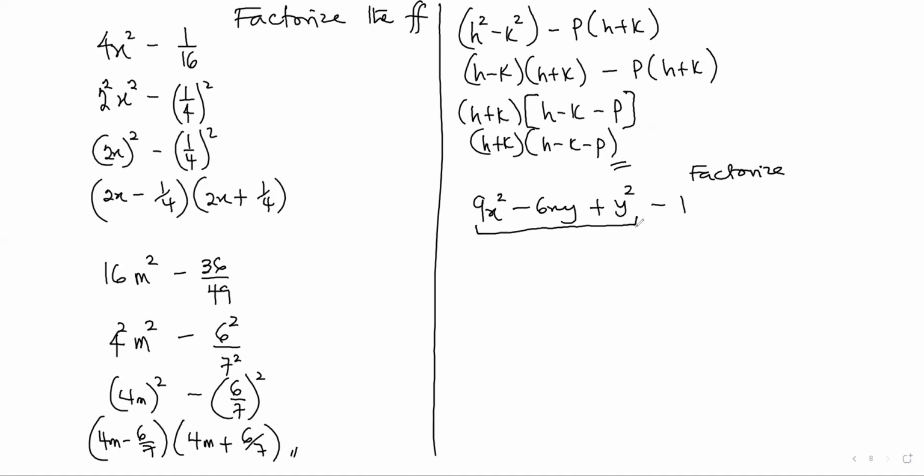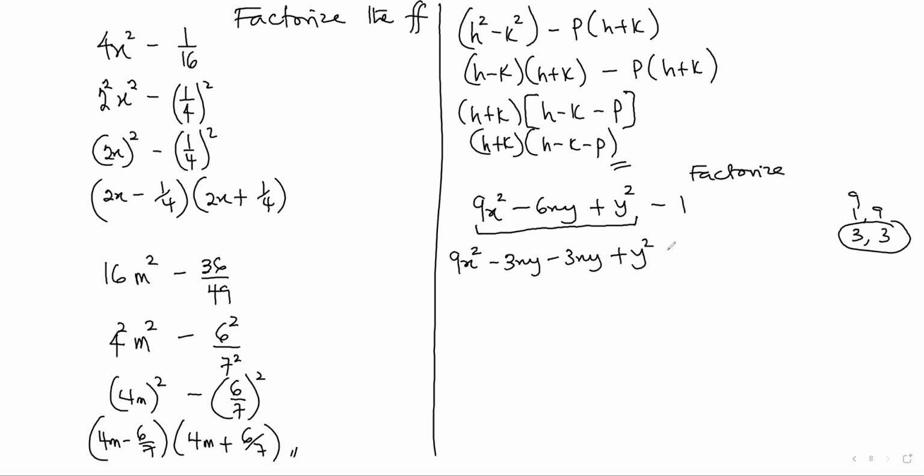So we need to solve from this to this, which is a quadratic trinomial. So 9 times 1 is 9. Factors of 9: 1 and 9, 3 and 3. So 3 and 3 can help us get 6. So that will be 9x squared, this minus 6xy can be written as minus 3xy minus 3xy plus y squared.